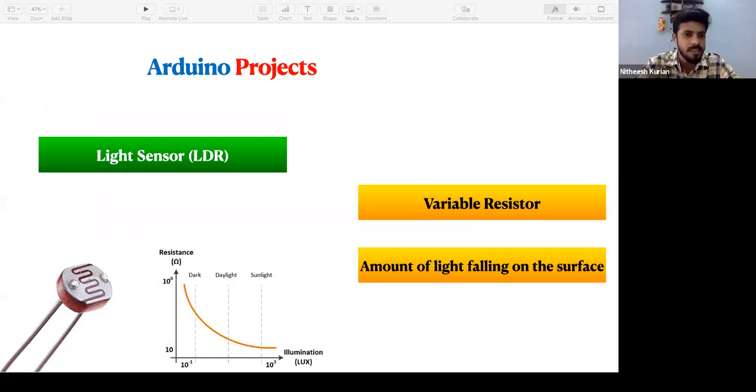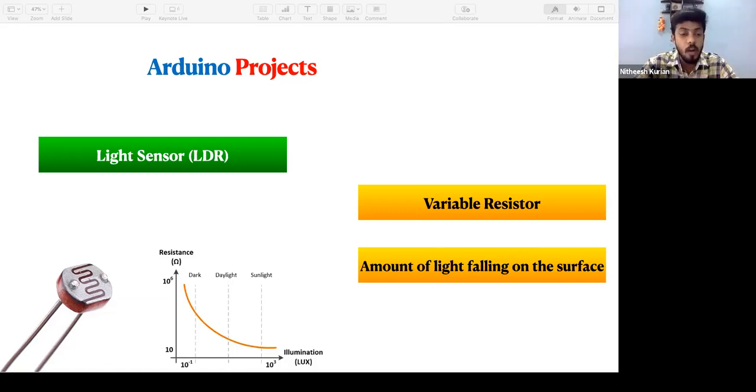That means during sunlight, light intensity will be high, and at the same time the resistance of the LDR will be very low. During night, in the dark, resistance will be very high. So the resistance varies in accordance with the light intensity falling on the LDR.